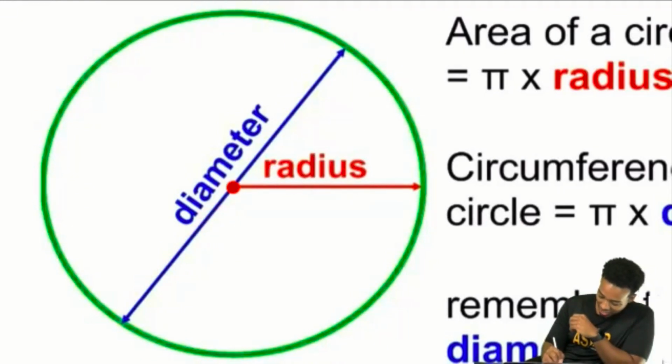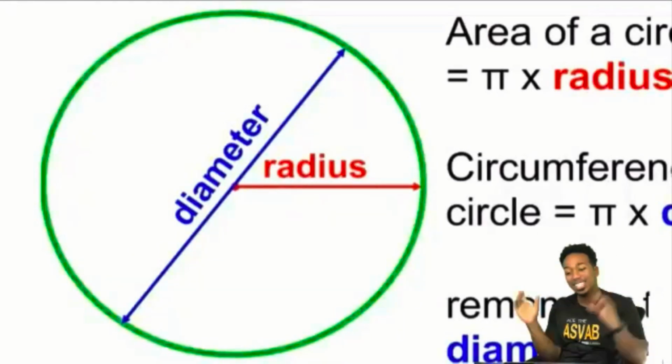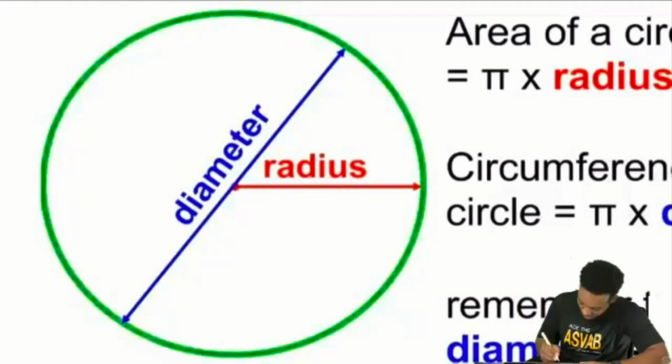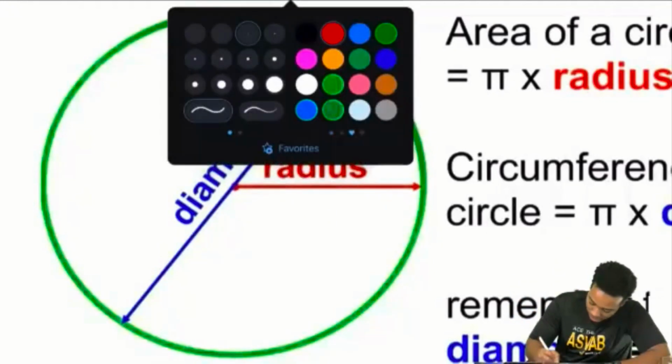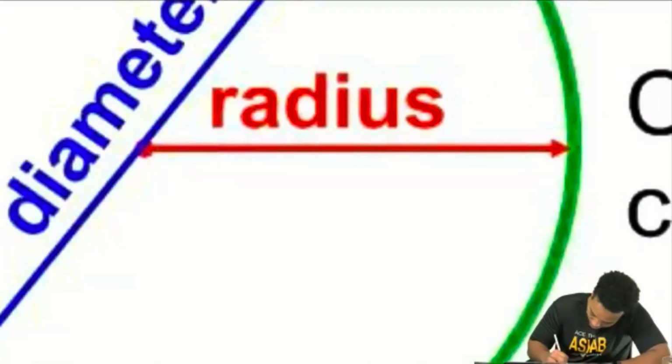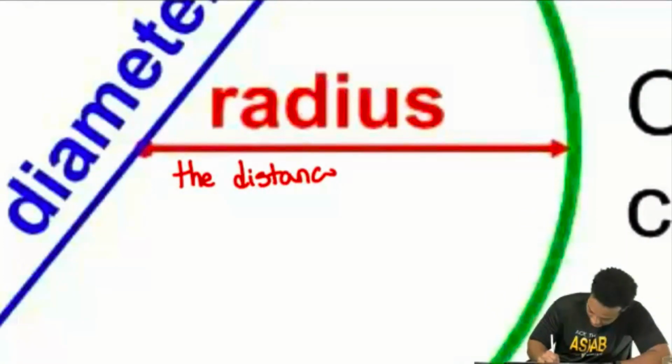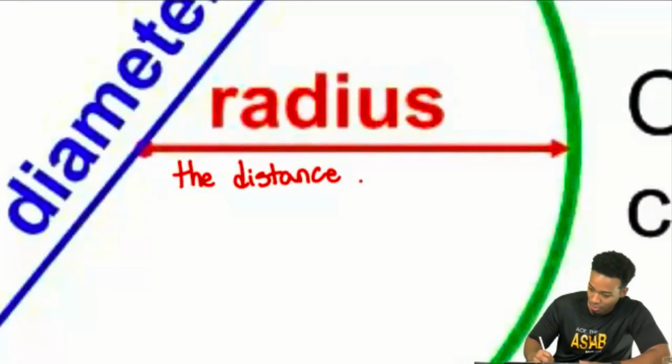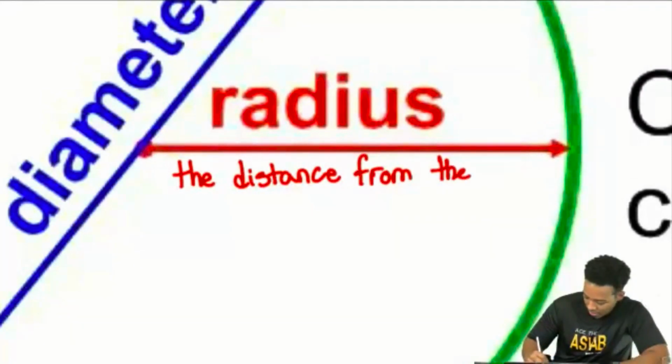Center to the edge. It can go in any direction. It's going to be the same in any direction at all. So again, let's write this down here. The radius is the distance from the center to the edge.